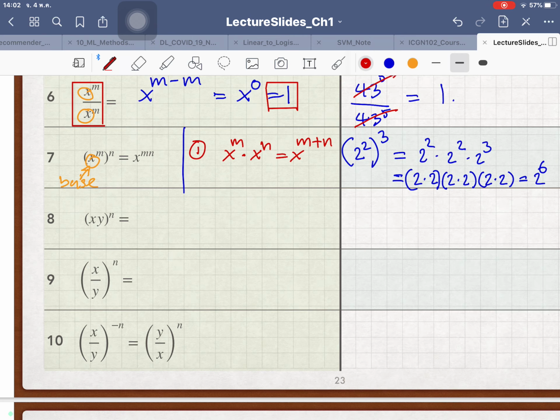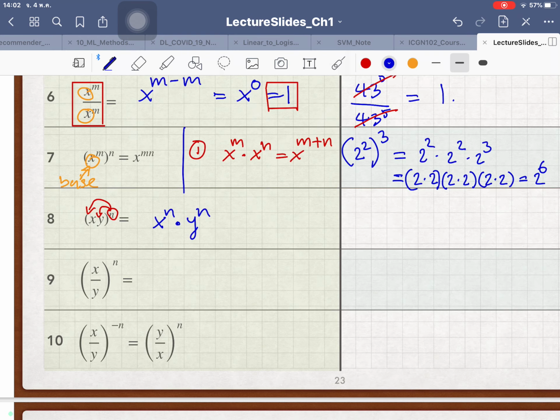If you have x times y, and then you take the power n to the whole term, in this case, you just give this power to everything inside the parentheses. So the result will give you x to the power n multiplied with y to the power n. So let's see some example.